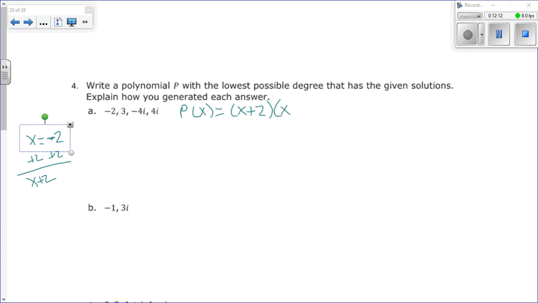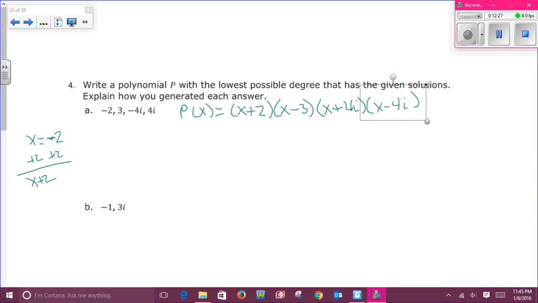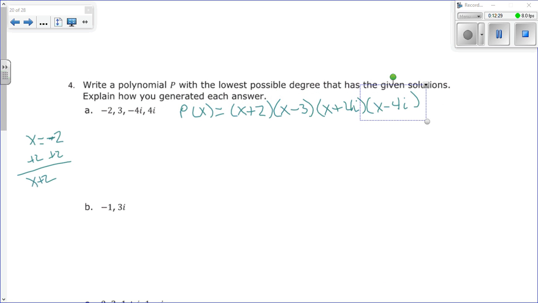And x minus 3, and x plus 4i, and x minus 4i. Unfortunately, they want us to actually write out the equation, not just in factor form.